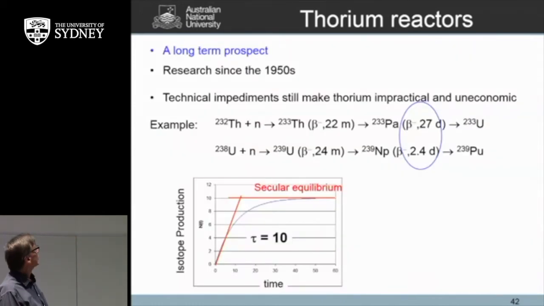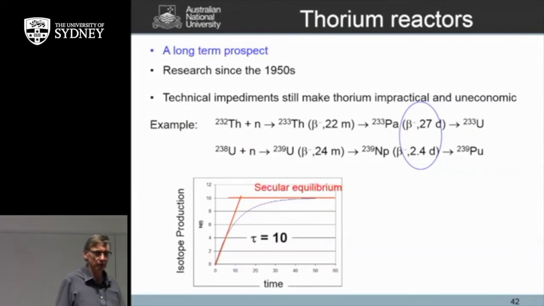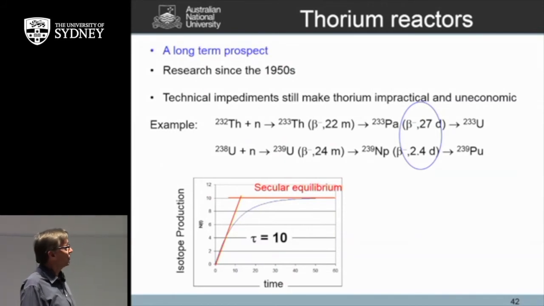Now, without going into details of the materials and all the other problems associated with making thorium reactors commercially viable, I'll just point out one thing. They're potentially a long-term prospect.